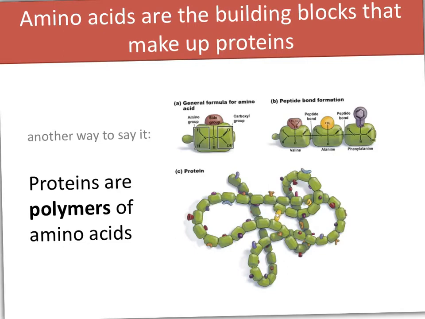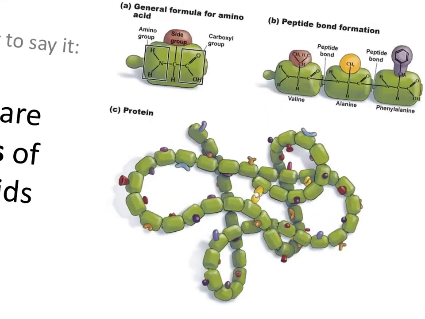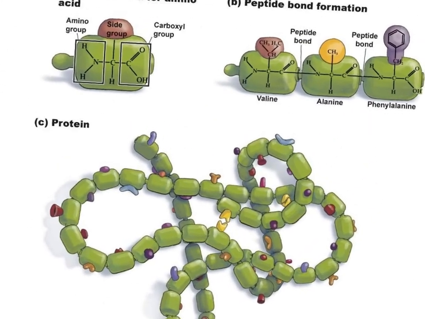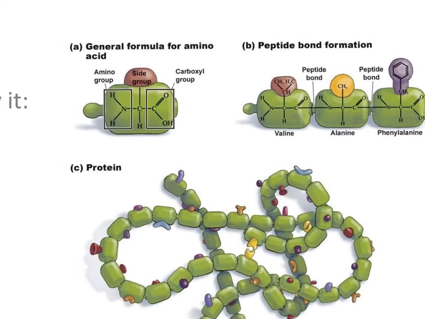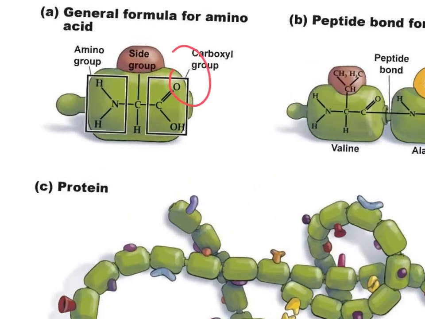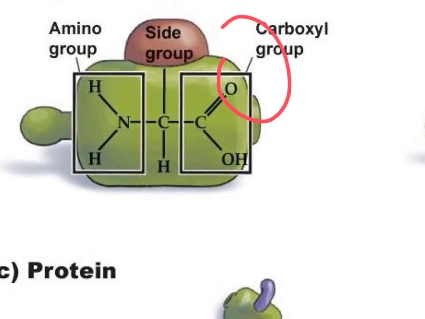So here is a general formula for an amino acid. Got oxygens, let me get it even bigger. Hydroxyl, a bunch of hydrogens tacked on.